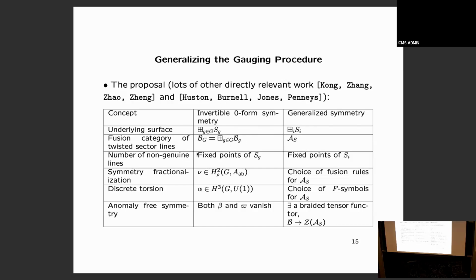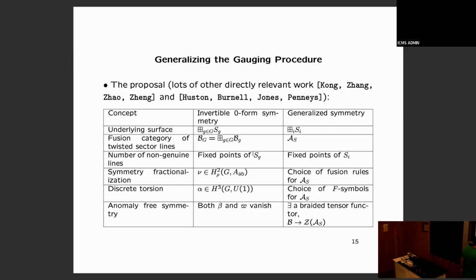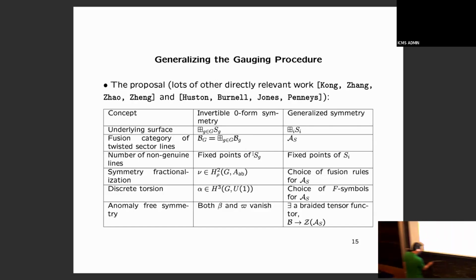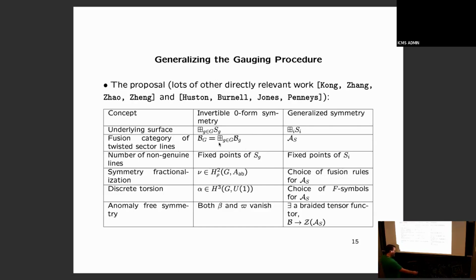So there's a nice fixed point theorem for invertible symmetries. So you can ask a zeroth order question that you could ask about the G-crossed cases. You know, how many non-genuine lines are there? How many boundary conditions do you have for invertible surfaces? And there's a fixed point theorem for modular tensor categories that essentially shows that the number of boundary conditions is determined by the number of fixed points of the action of the surface.